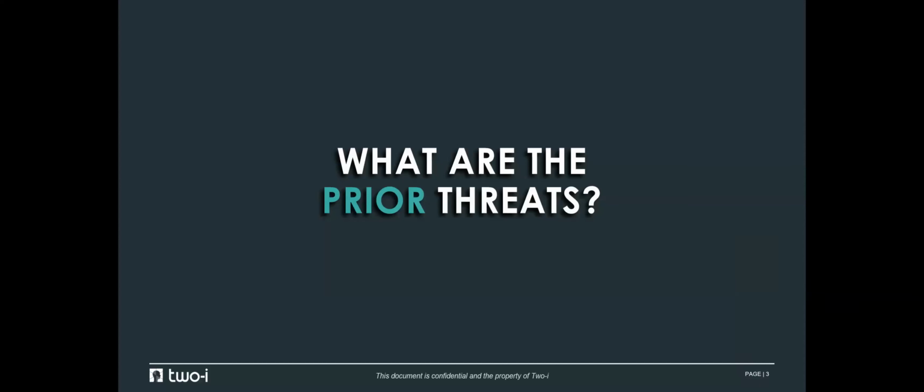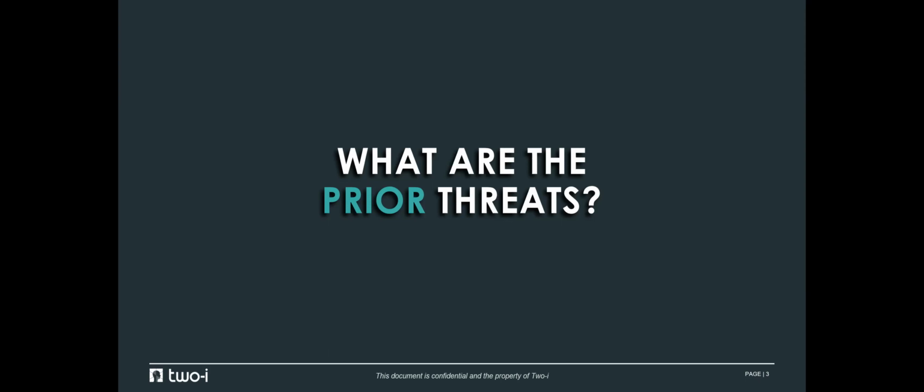When we talk about prior threats or prior situations, it is very important to understand that it's not because it happened in the past that the issue no longer exists. It is very important to clarify and stop them quickly, because otherwise their impact continues into the present.